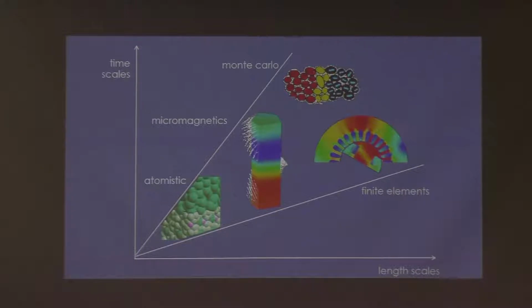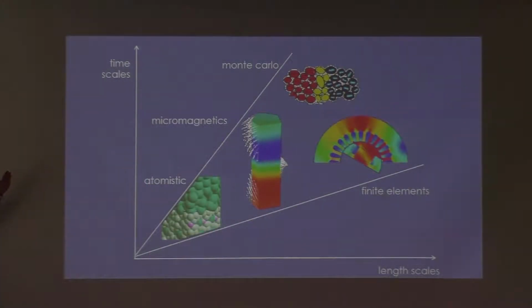And if we are interested in thermal demagnetization over the lifetime of a magnet, or over operating times of hours, days or years, then we are on a different time scale, and we probably need different means, like kinetic Monte Carlo models, in order to address this numerically.